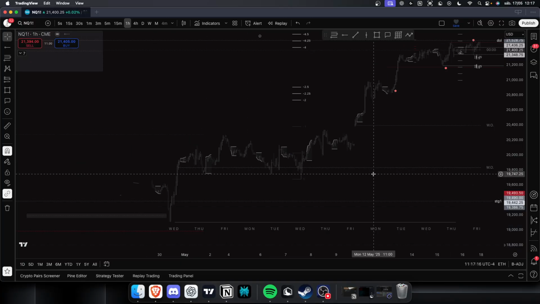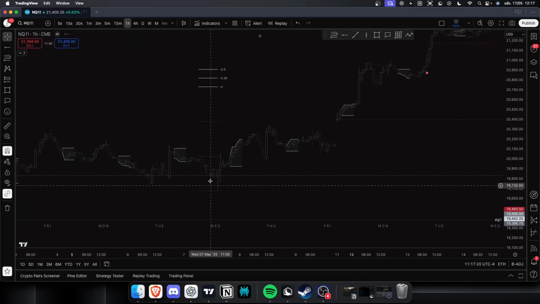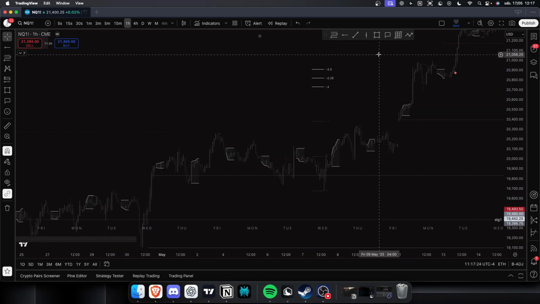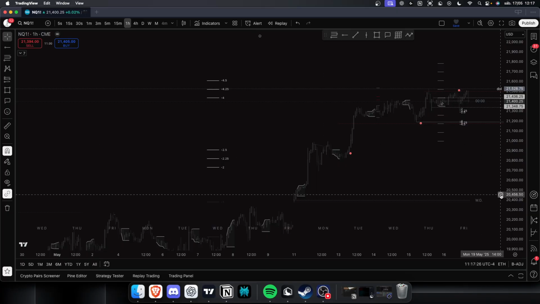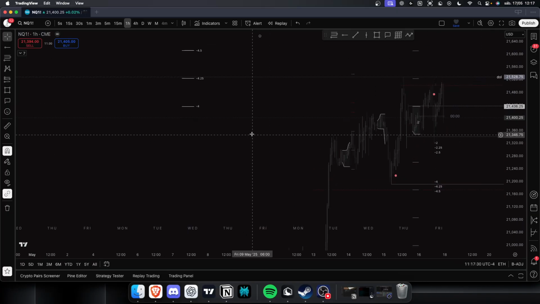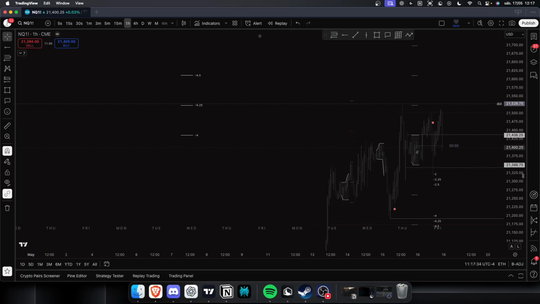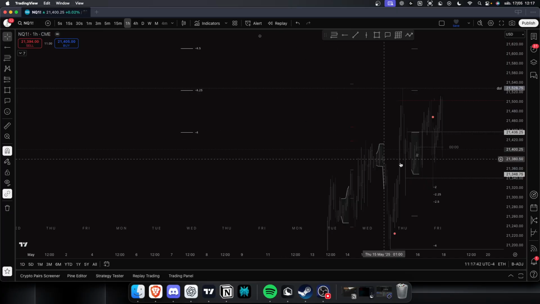Okay, so this is the move down that I connected right here. As you can see, we accumulate, we manipulate, and then we distribute. This was the drawn liquidity that I gave you. I literally said, I sent charts. I said that this is the drawn liquidity, the current one.